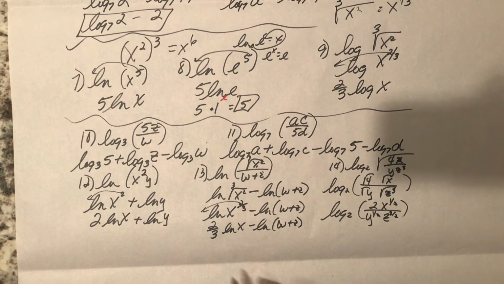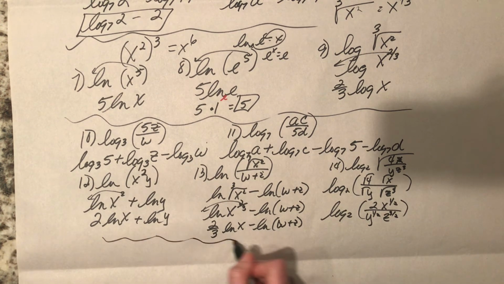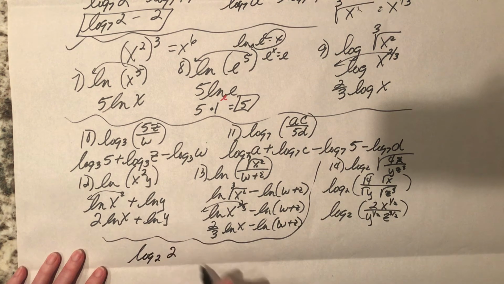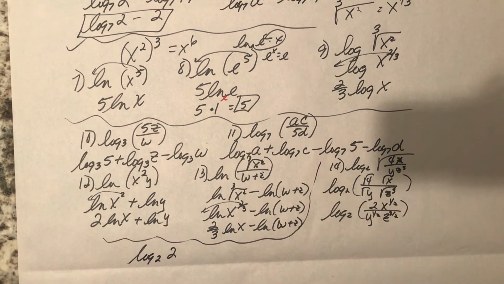It's going to be long, so I think I'm going to just move it over here, like that. Log base 2 of 2 plus, because we've got something multiplied in the numerator, plus log base 2 of x to the 1/2.